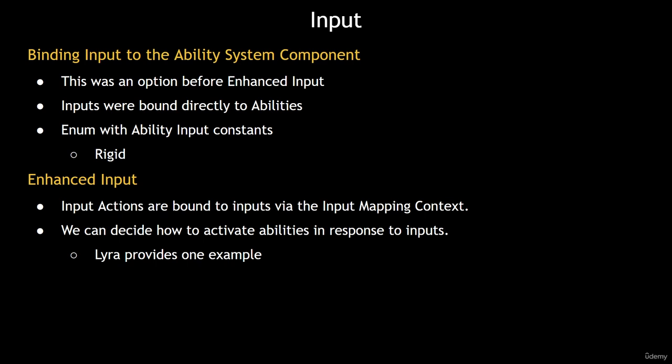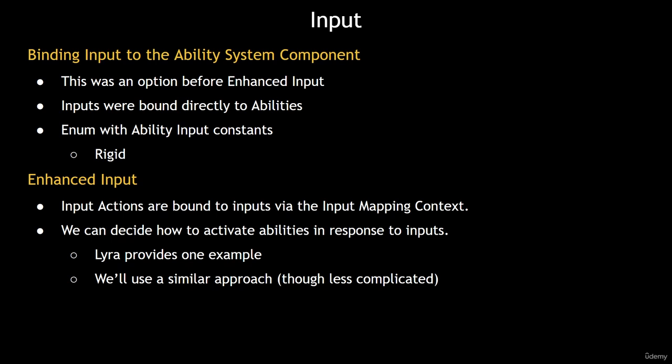Lyra is a great example of how to do things, but it can be overly complicated and hard to approach. Now, what we'll do in this course is similar to how Lyra does it, but a little bit less complicated as we don't need the over flexibility that Lyra provides us with.